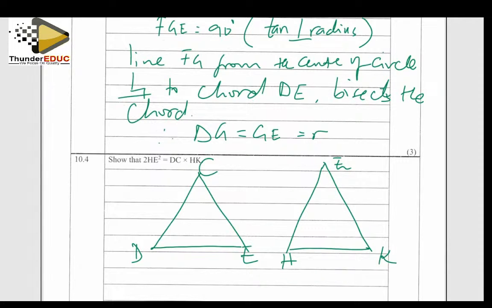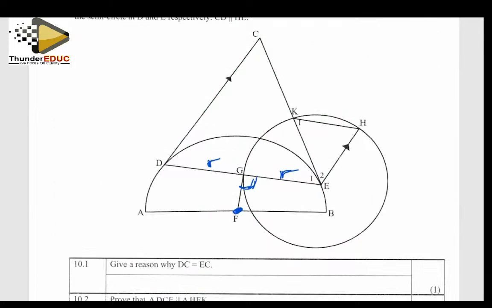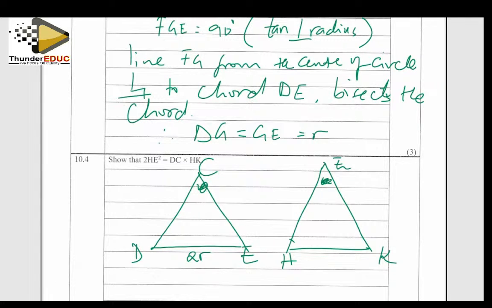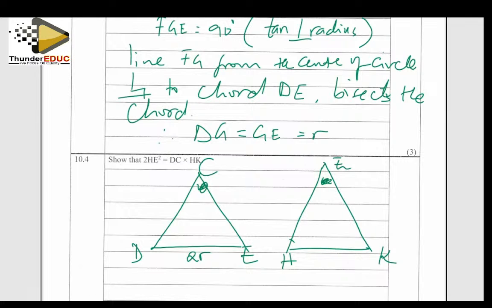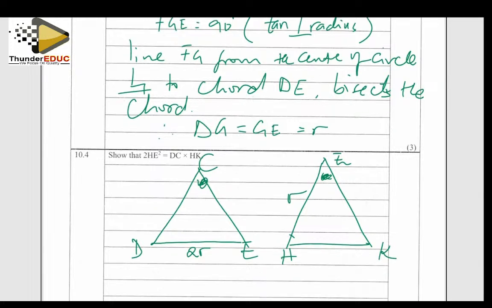So let's have it that way because we know that these angles are basically the same. So this is what is common to that. Let's replace the radius. So DE is going to be twice R, but we said HE is a radius.